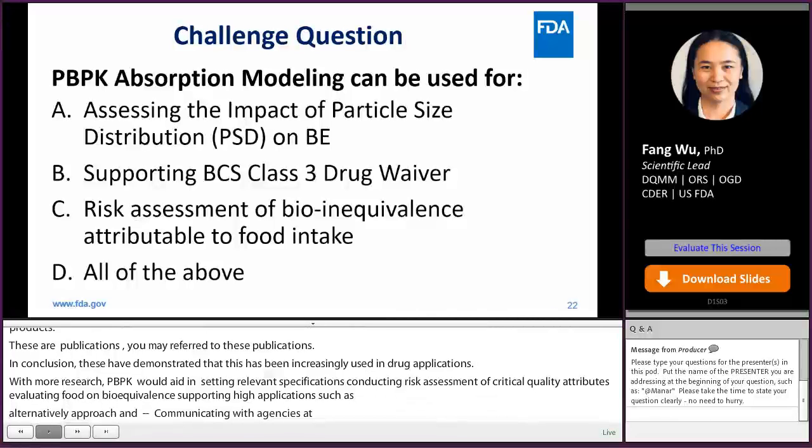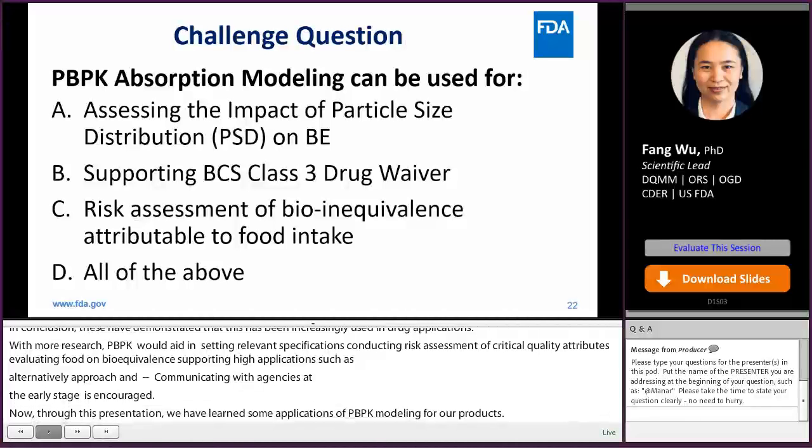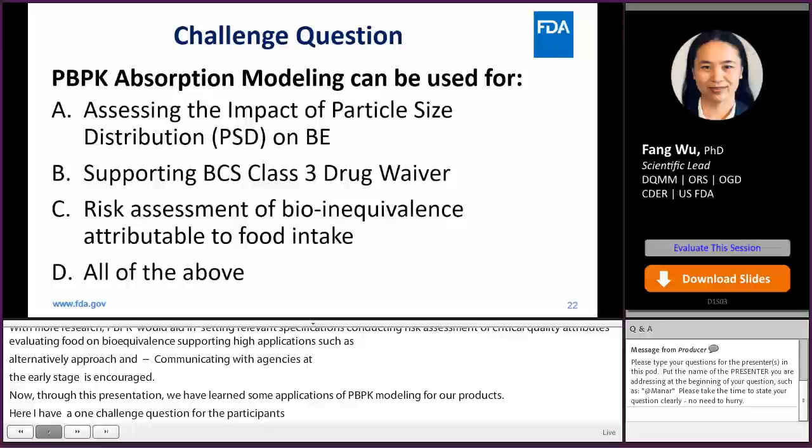Now, through this presentation, we have learned some applications of PBPK absorption modeling for oral products. Here, I have one challenge question for the participants to think about and answer. PBPK absorption modeling can be used for: A. Assessing the impact of particle size distribution on BE.